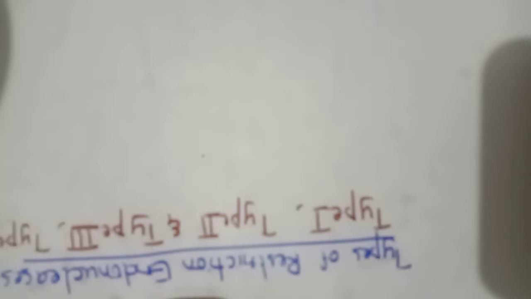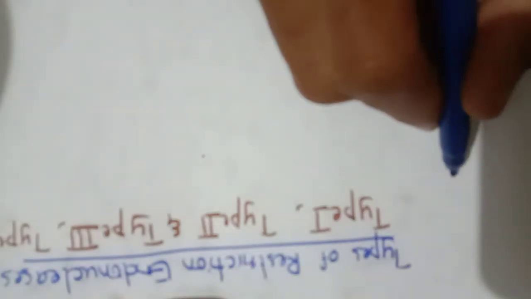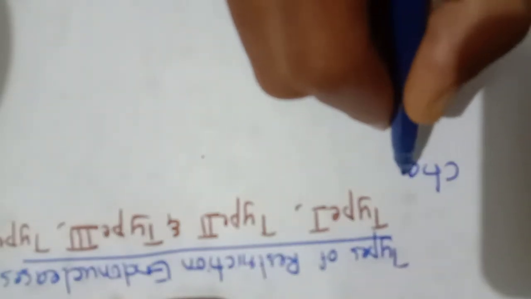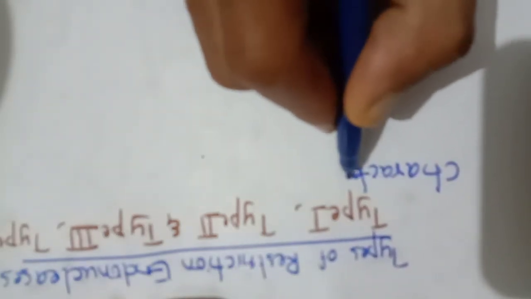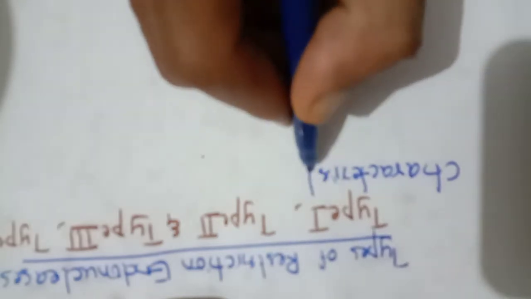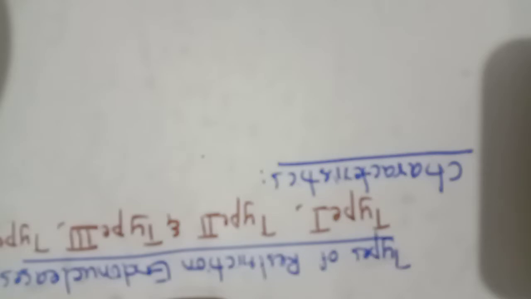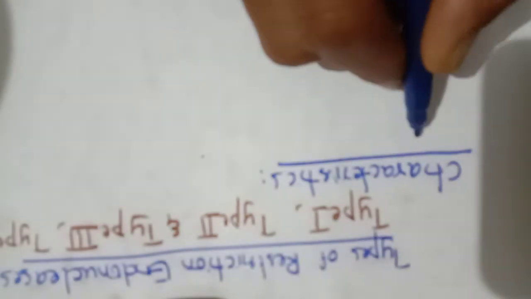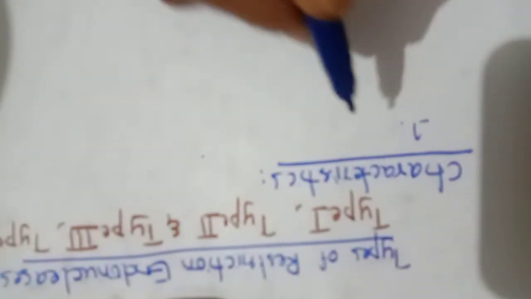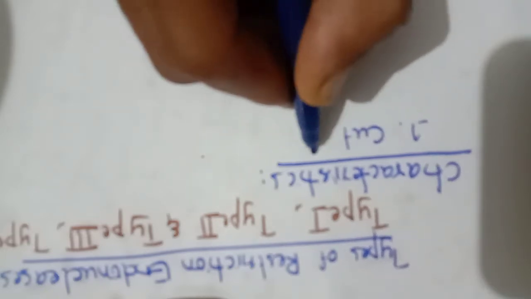Okay, so before going to the types of restriction endonucleases, we must know the different characteristics or properties of restriction endonucleases. Okay, what will be the first property? Obviously it will cut the nucleic acids.